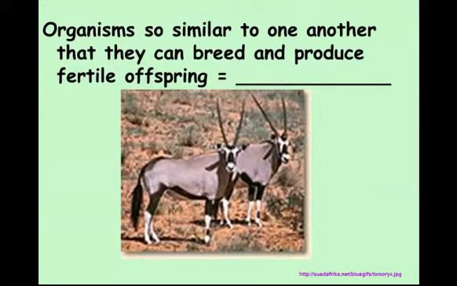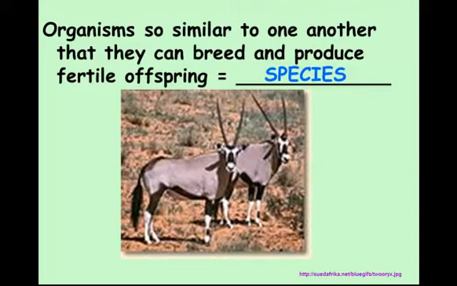If you look at organisms, we talk about organisms that are similar to each other as being the same species. And the definition of a species is that these are organisms that are so similar to one another that if you bred them together, let them breed, and produce offspring, that those offspring would be what we call fertile.